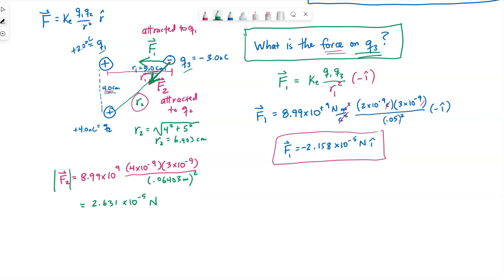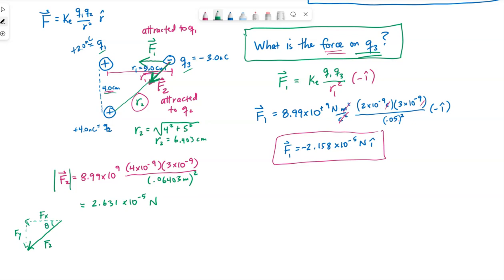All right, so this F2 right here, let me draw that again. I'm just drawing it down here to have a cleaner picture. I can see that it points to the left and down. It has a negative x component and a negative y component.